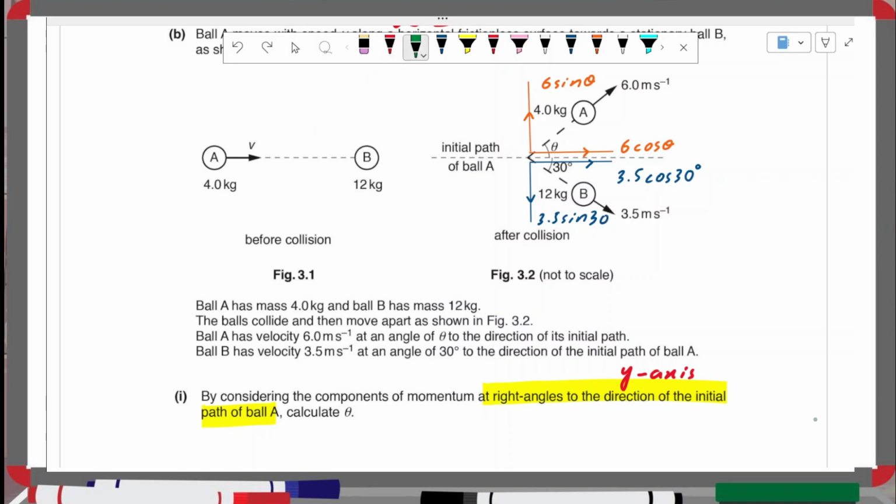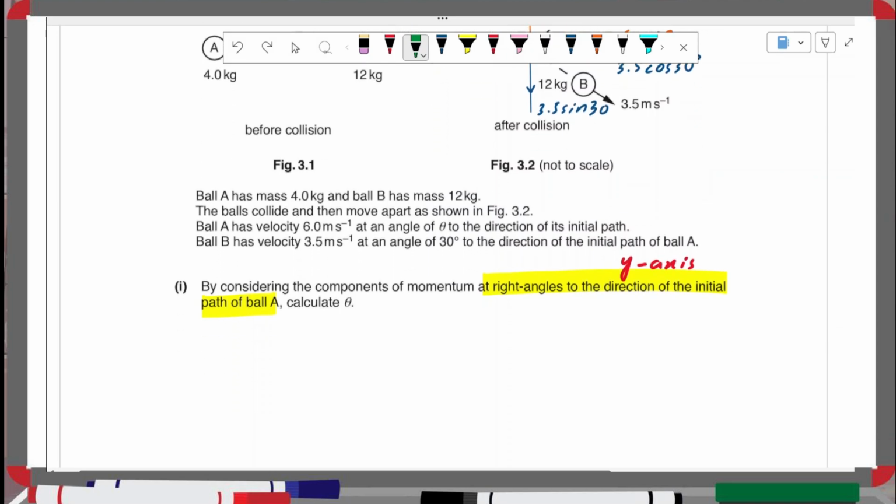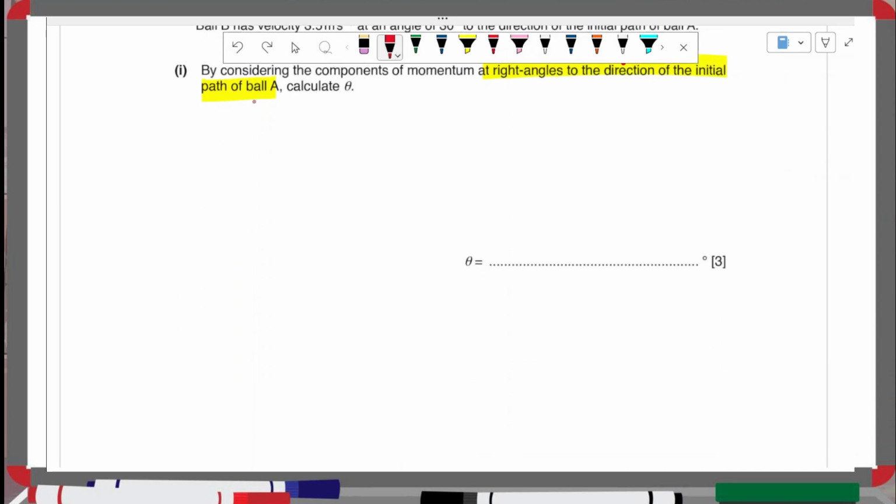In these kinds of situations, you have to use the law of conservation of momentum, first along the x-axis and then along the y-axis. In this question, they have specified that you don't have to consider the motion along the x-axis. All you have to do is consider the motion along the y-axis.